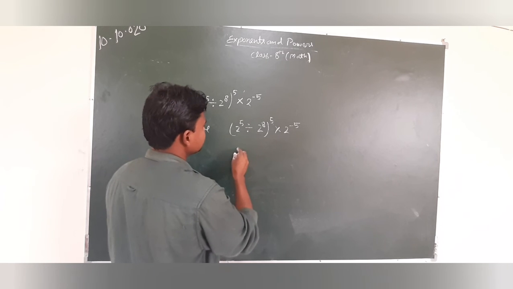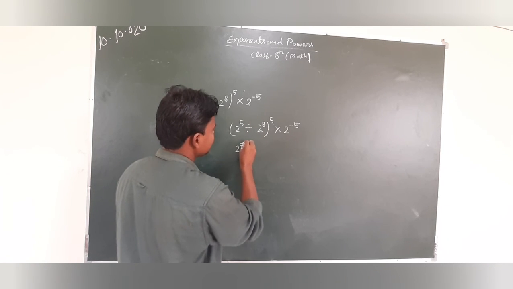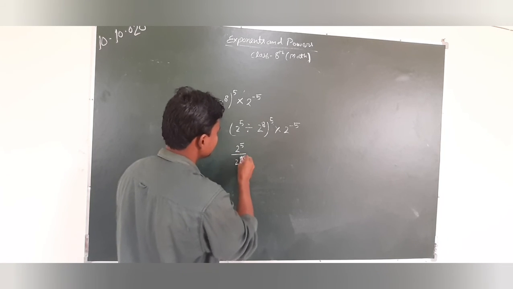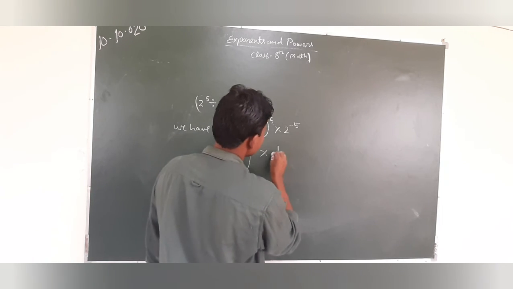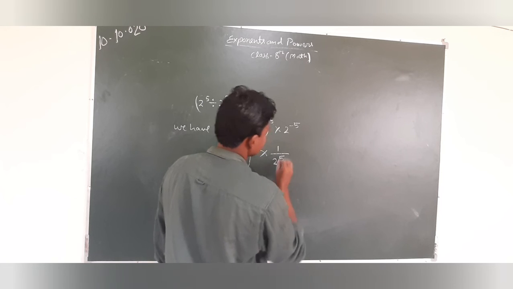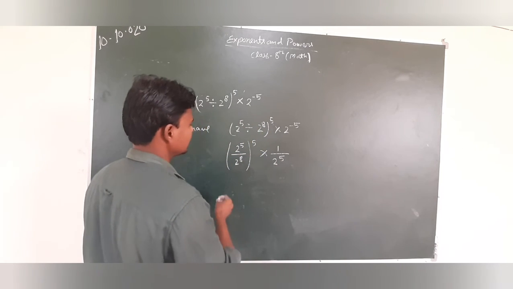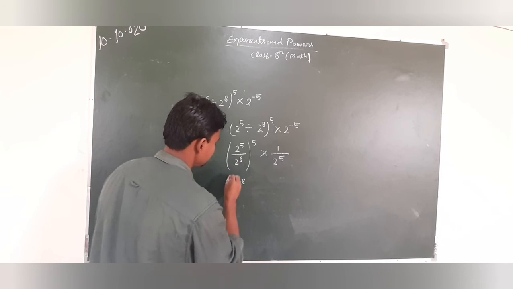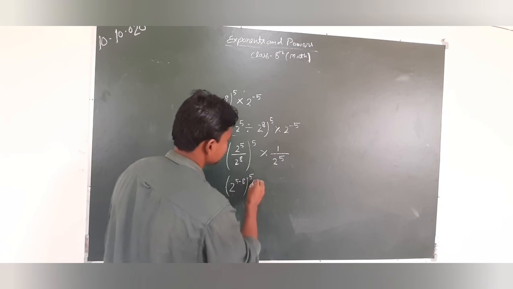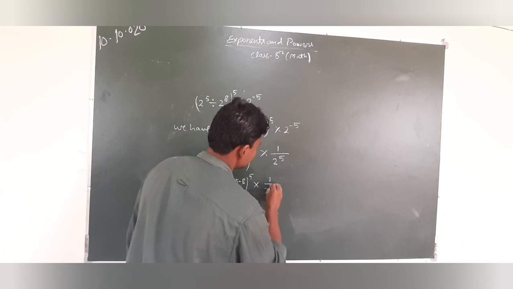Here we can write these terms as 2 to the power 5 divided by 2 to the power 8 whole to the power 5 into 1 upon 2 to the power 5. Here 2 to the power 5 minus 8 whole to the power 5 into 1 upon 2 to the power 5.